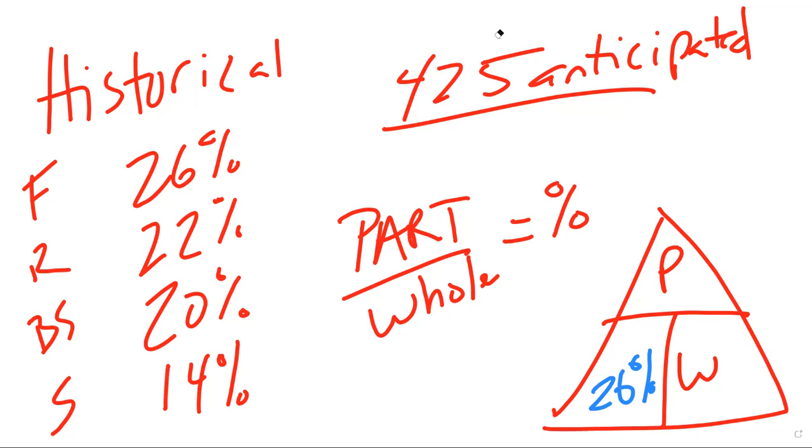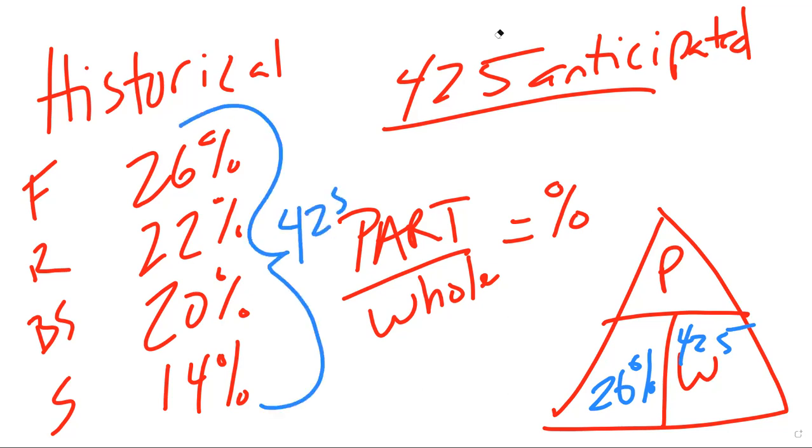And what is the whole? Oh, okay. 425, right? Because all of these items together should equal 425 entrees that we're going to serve that night. And so that's the whole. And again, we can just multiply straight across, and that will tell us how many of each item we should serve.